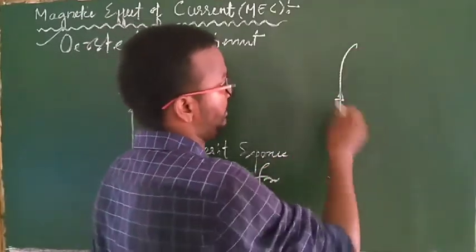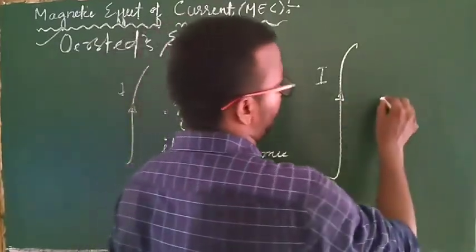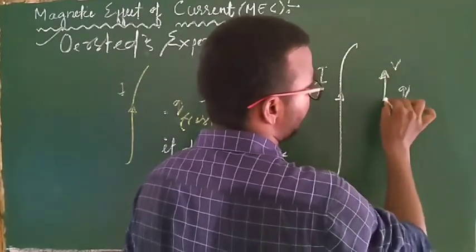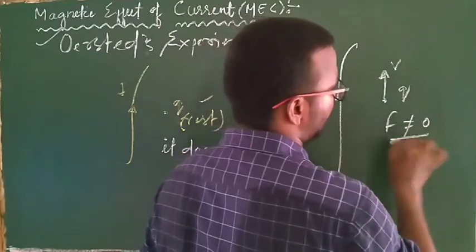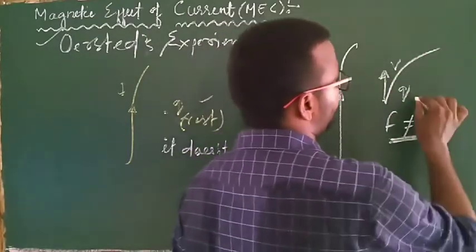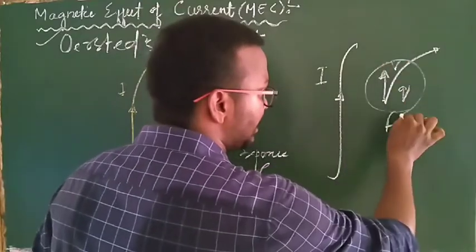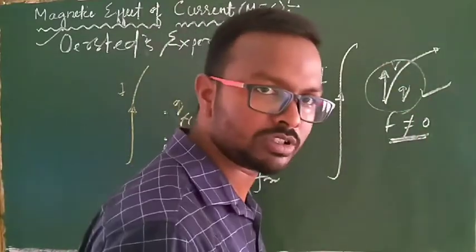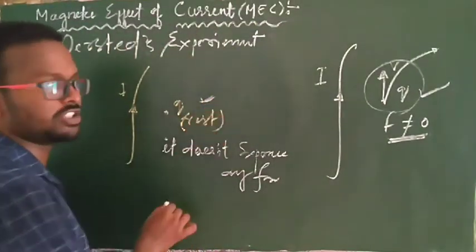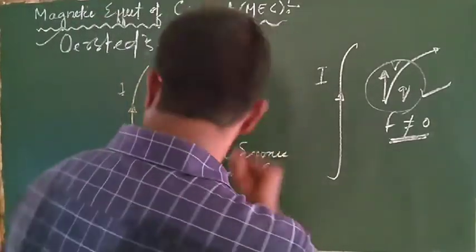And the same thing, if there is a current carrying wire and there is a charge particle which is moving with velocity v, then it will experience a force. That means the force acting on the charge particle is not zero, and due to this force it deviates from its path. So if there is a moving charge, then this charge will experience a force due to magnetic effect. If this charge is at rest, then this charge particle will not experience any force according to Oersted.